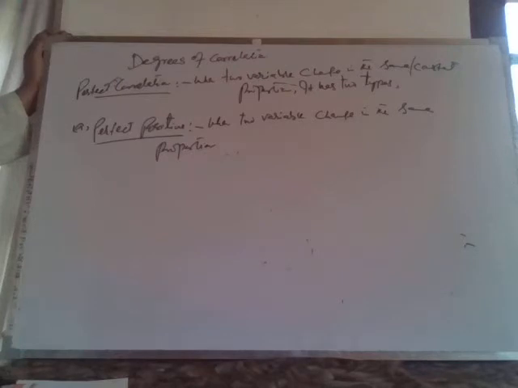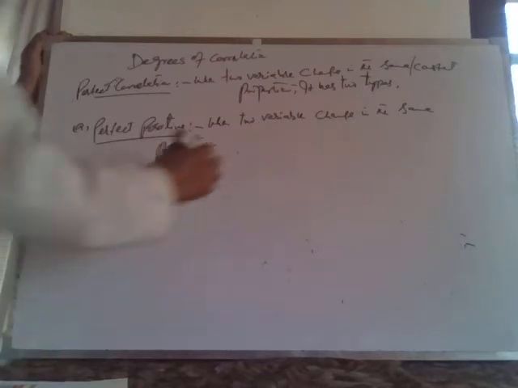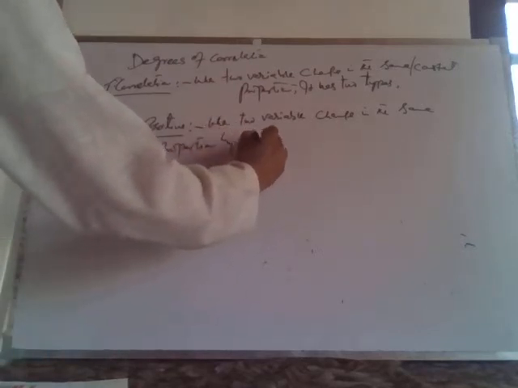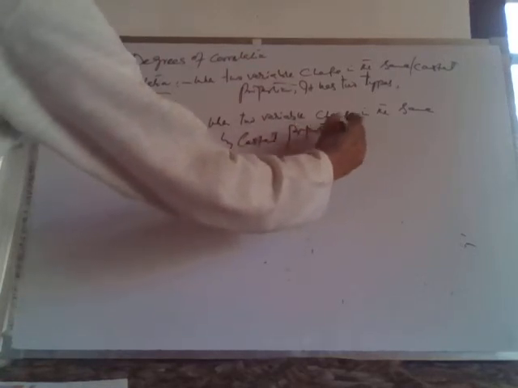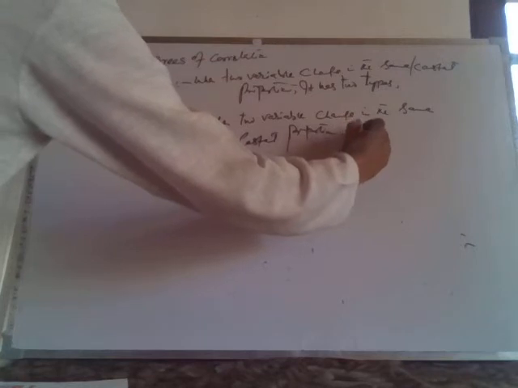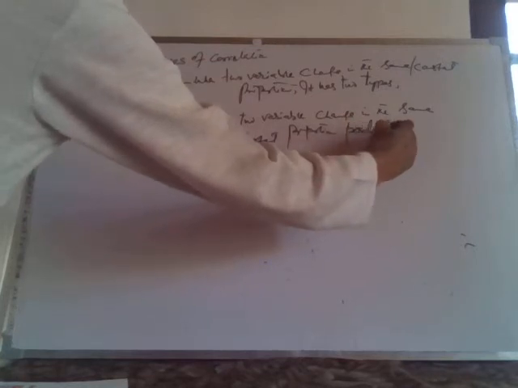Perfect positive correlation is when two variables change in the same direction by constant proportion, positively or directly.